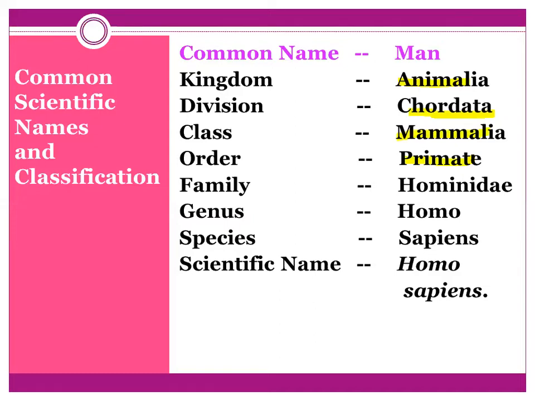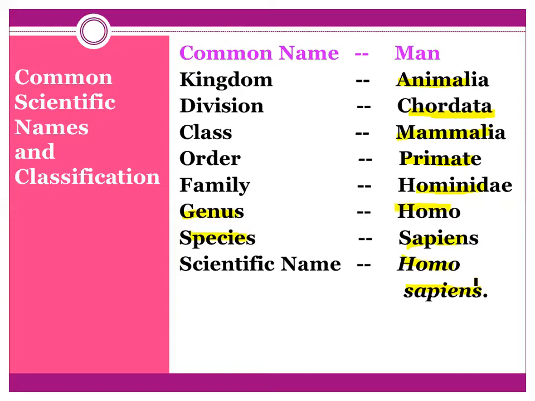So all these are considered primates. Our family is Hominidae, the genus is Homo, and the species is sapiens. So what will be our scientific name, depending on our genus and species? We are Homo sapiens.